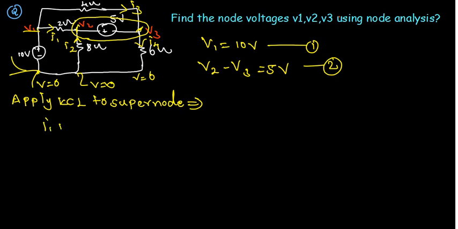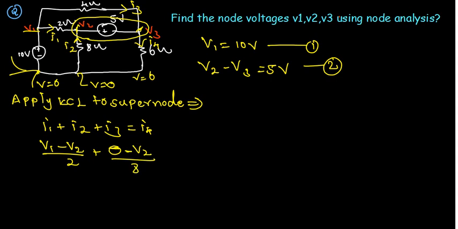I1 plus I2 plus I3, three currents, are incoming to the supernode, and I4 is the only current going out from the supernode. I1 is (V1 minus V2) by 2, plus I2 is (0 minus V2) by 8, plus I3 is (V1 minus V3) by 4, is equal to I4. I4 is V3 by 6.